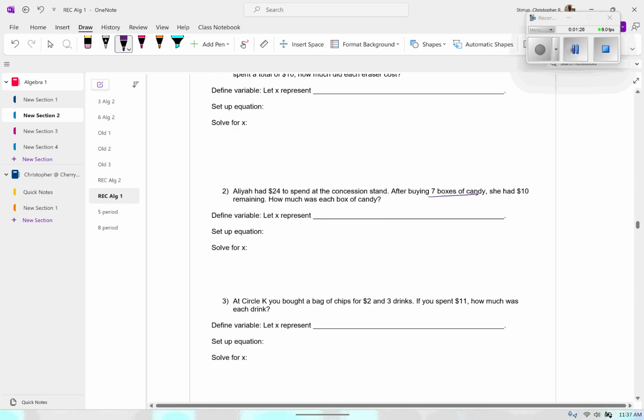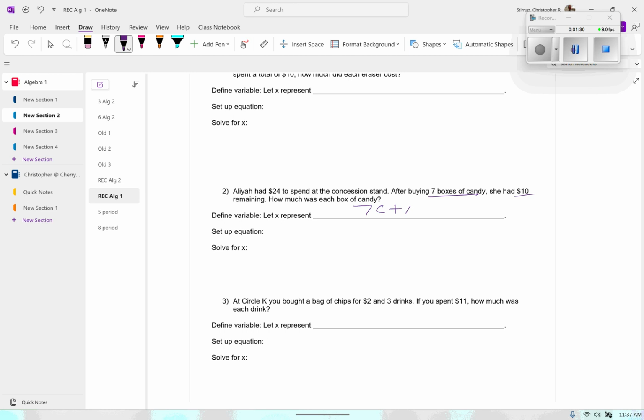She bought 7 boxes of candy and had $10 remaining. So 7 candy plus $10. And she had 24 to start with. So subtract 10 from both sides. 14 divided by 7. So each candy costs $2.